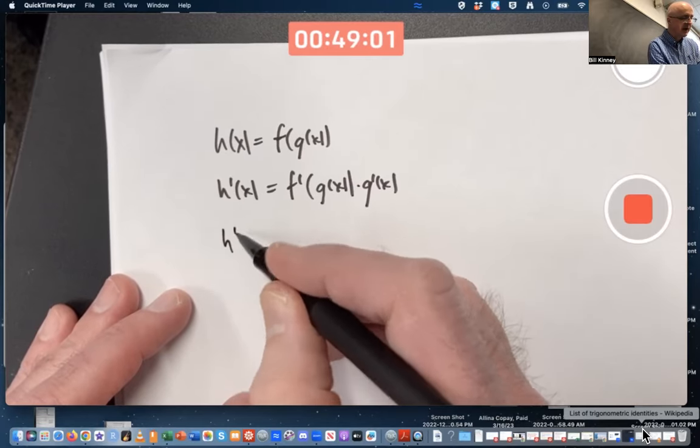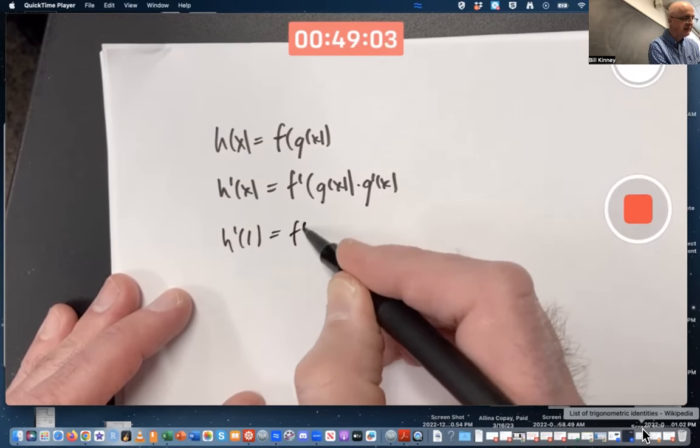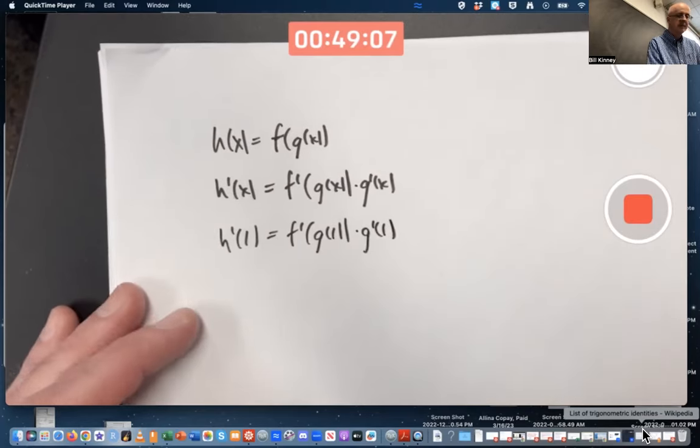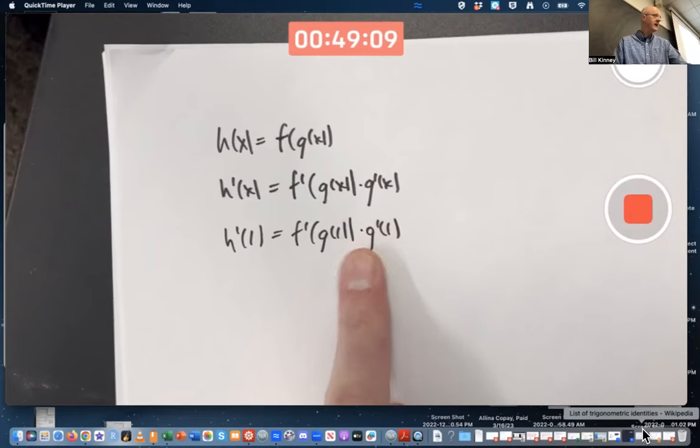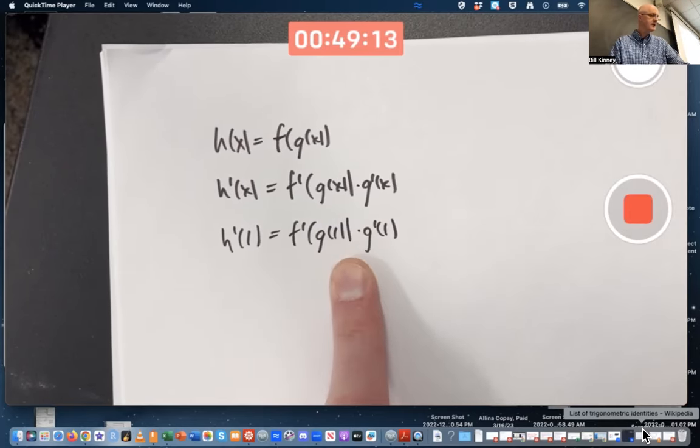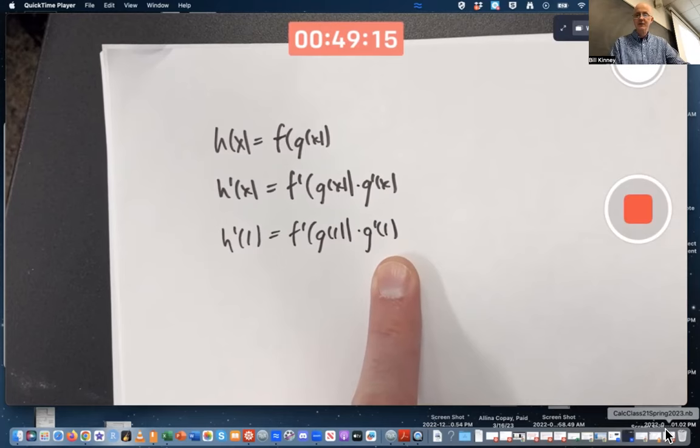So in particular, h prime of 1 is f prime of g of 1 times g prime of 1. To figure this out, you have to figure out g of 1, then f prime of that number, and then g prime of 1, looking at those graphs.